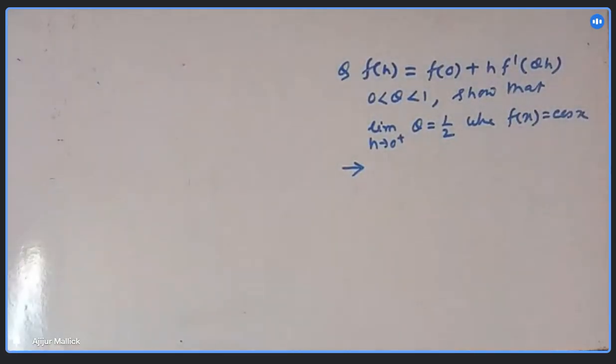Here it is given that fx is equal to cos x, and the alternative form of LMVT is given. You have to show that limit h tends to 0 plus of theta is equal to 1 by 2. Try to do this.